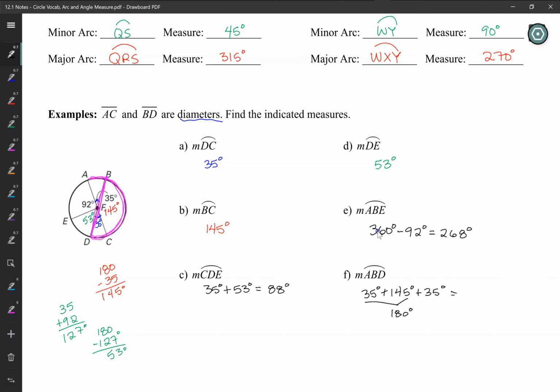So that's 215 degrees. So it takes a little bit of thinking. You have to figure out what you know about a circle, and you have to use what you know about angles and do some thinking on that type of problem.